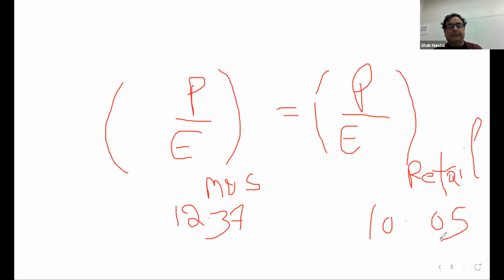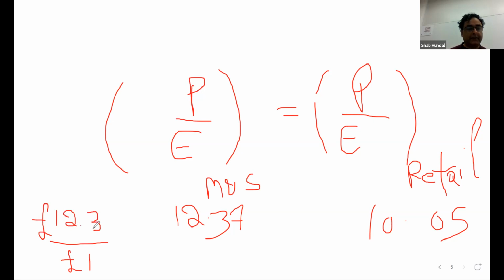So basically it means that to earn £1 profit or earnings, the investor is willing to invest £12.37 in Marks and Spencer, whereas for the overall retail sector, to earn £1, the maximum an investor is willing to pay is £10.05.